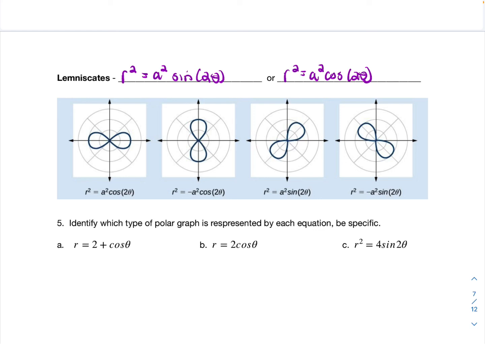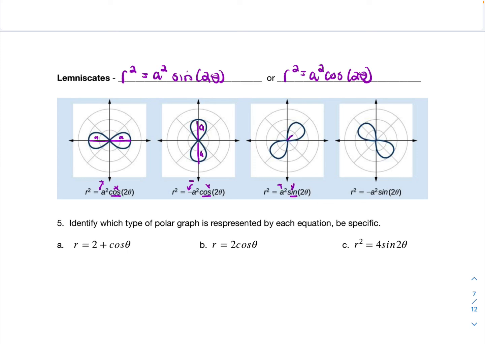All right, so if you get r squared is equal to a squared cosine of 2 theta, think cosine, think x, and positive, we are just right there on the polar axis, and that distance in between those is a. If it's cosine and you have a negative in front of your squared term, you're now centered on the line theta equals pi over 2. For the sine, they're slanted.